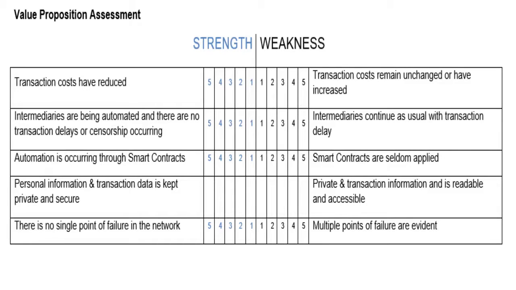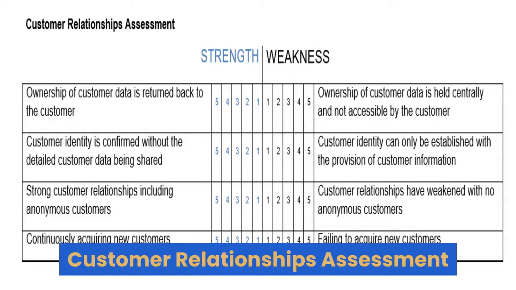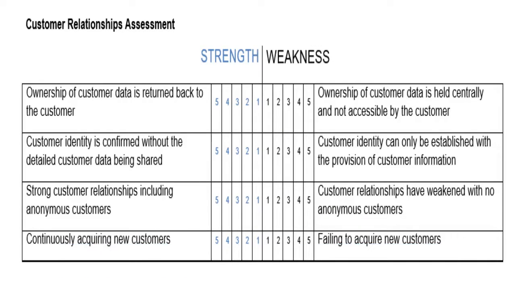Customer relationship assessment. Ownership of customer data is returned back to the customer. Weakness. Ownership of customer data is held centrally and not accessible by the customer. Customer identity is confirmed without the detailed customer data being shared, versus customer identity can only be established with the provision of customer information.